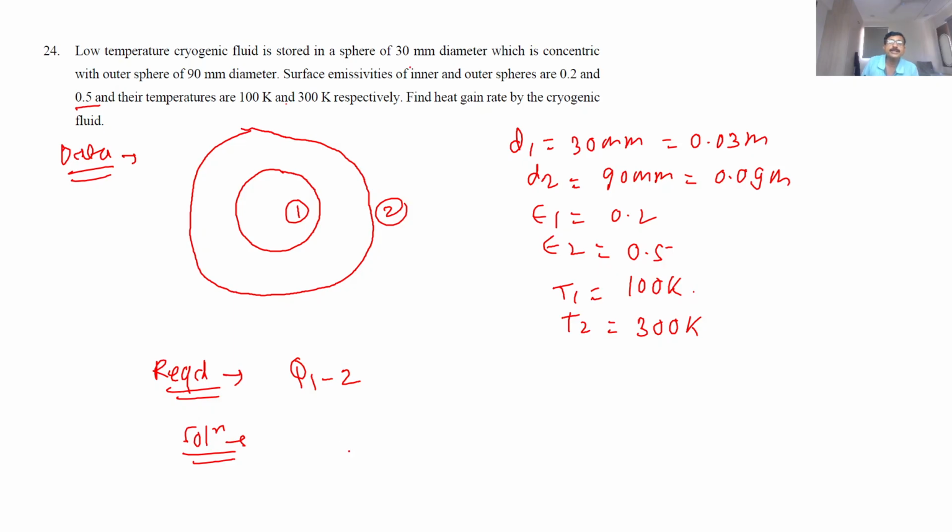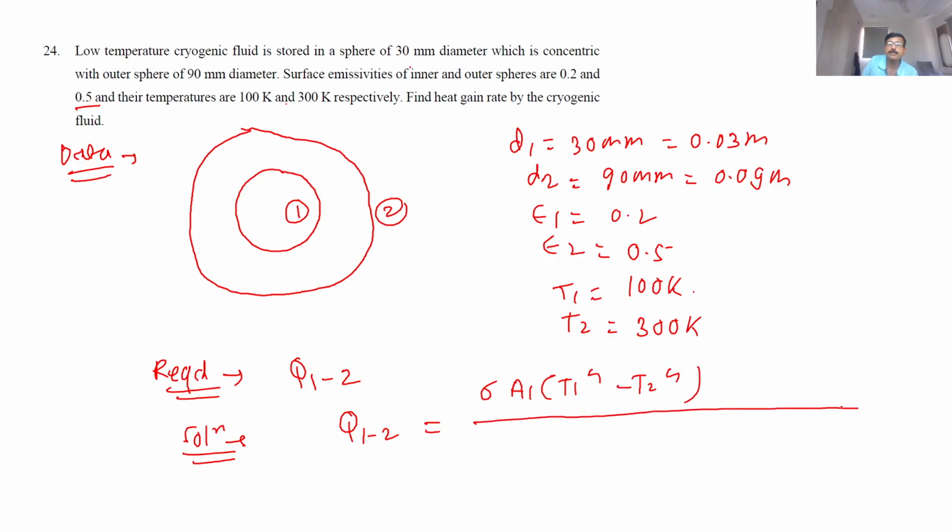So in that case, what is the formula for Q1 to 2? Q1 to 2 is equal to sigma A1 (T1 raised to 4 minus T2 raised to 4) divided by (1 by epsilon 1 plus A1 by A2 times (1 by epsilon 2 minus 1)). Okay, so this is without shade.